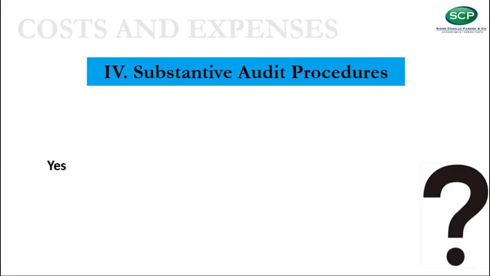Kasi ang requirement ng standard is dapat fairly presented yung liability. Hindi naman sinabing dapat conservative ka, hindi naman ganun ang sinasabi ng standard. Dapat fairly presented. So, pwedeng magkaroon talaga ng overstatement sa liability. Therefore, kung ano lang yung valid, dapat yun lang yung nasa libro.